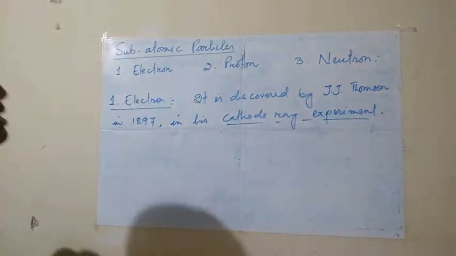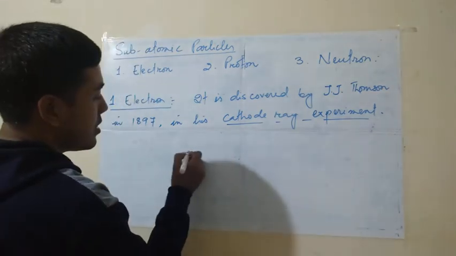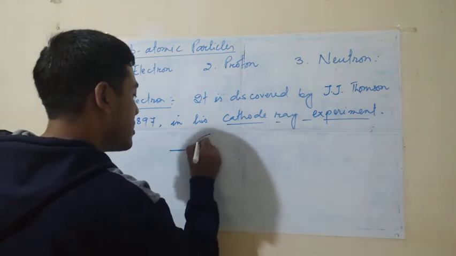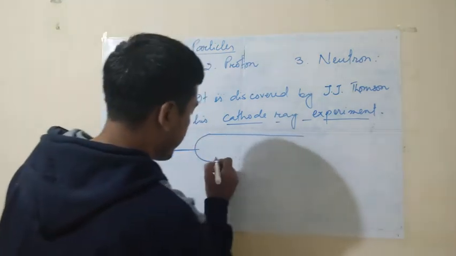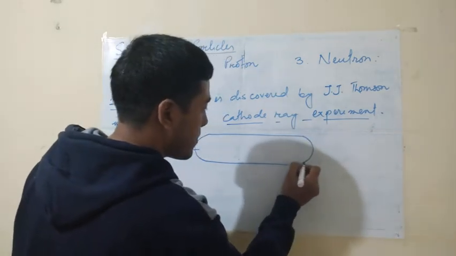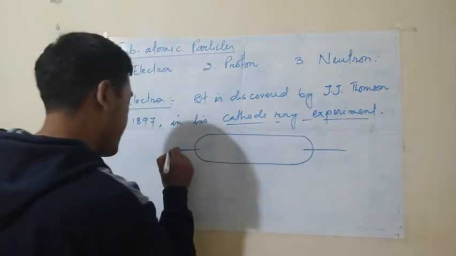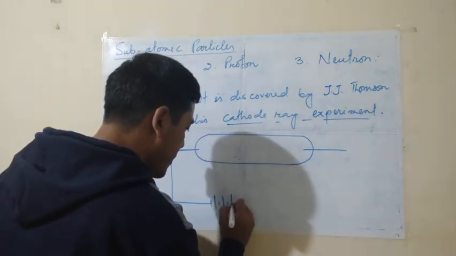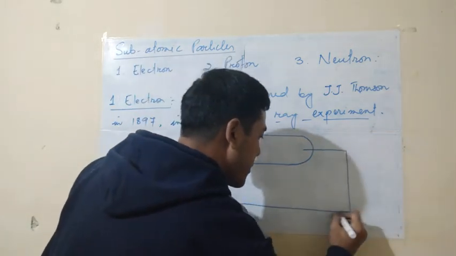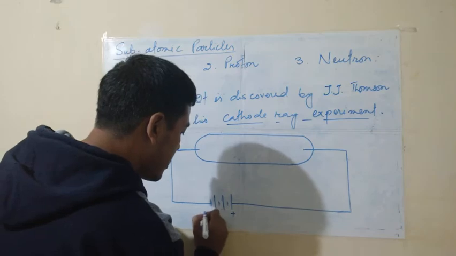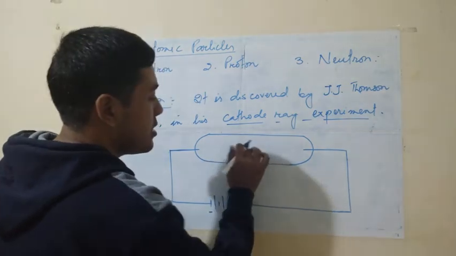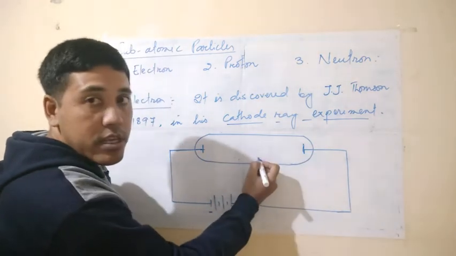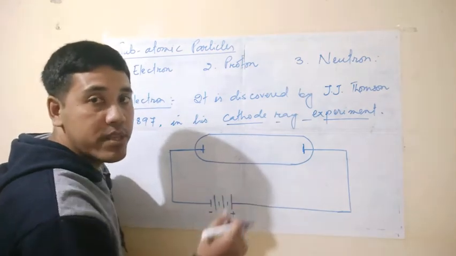In his experiment, he took one glass tube. This is the positive terminal, this is the negative terminal. In this glass tube he removed all the gas particles with the help of a vacuum pump.